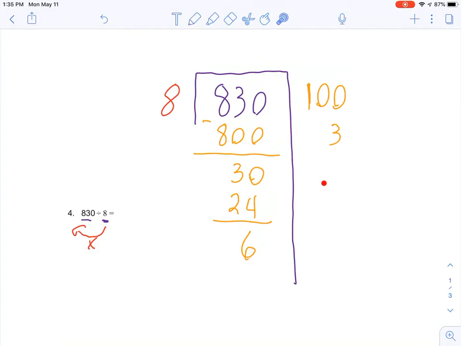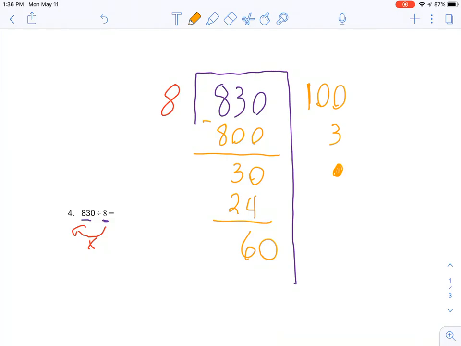Yes, there's not a single number times 8 that will give us an answer less than 6, but we haven't hit 0 yet. So what must we do? Perfect. Add a decimal place. Okay? Excellent.